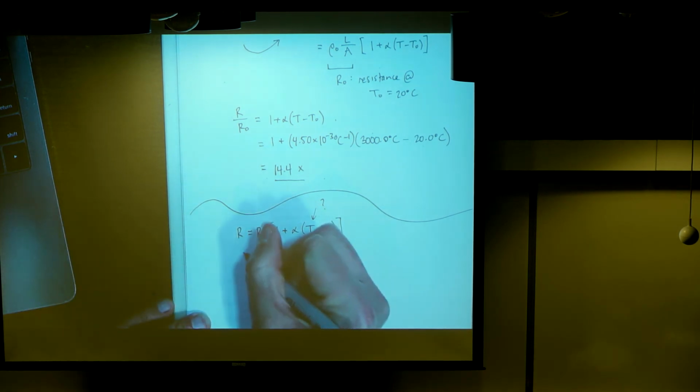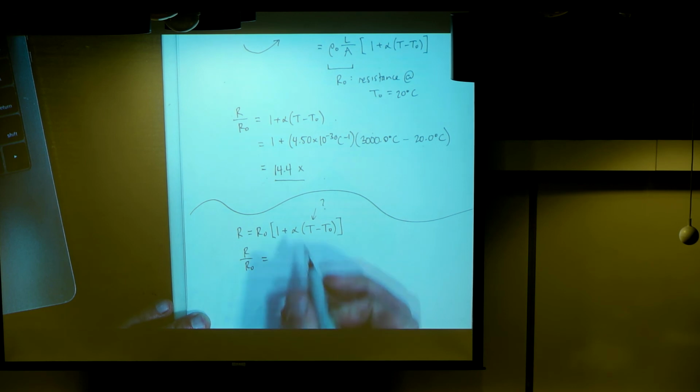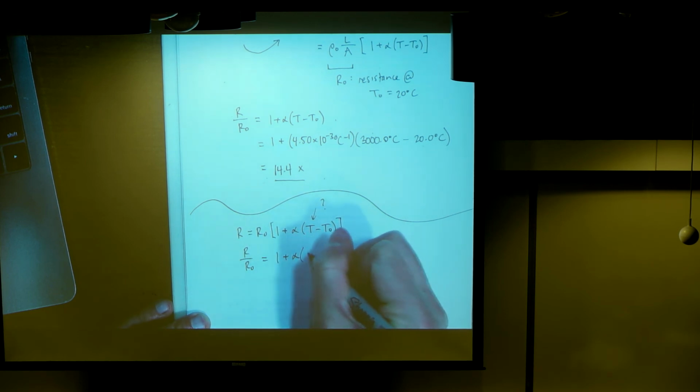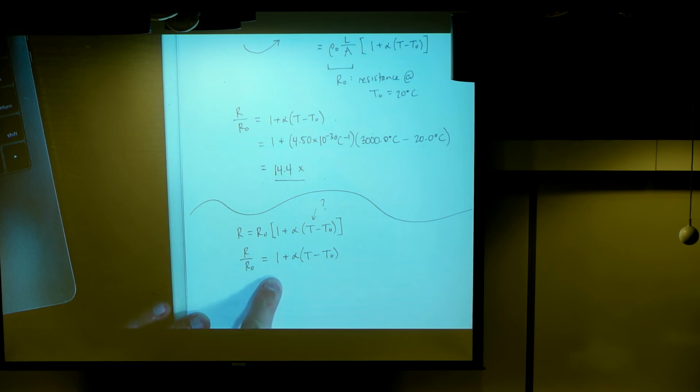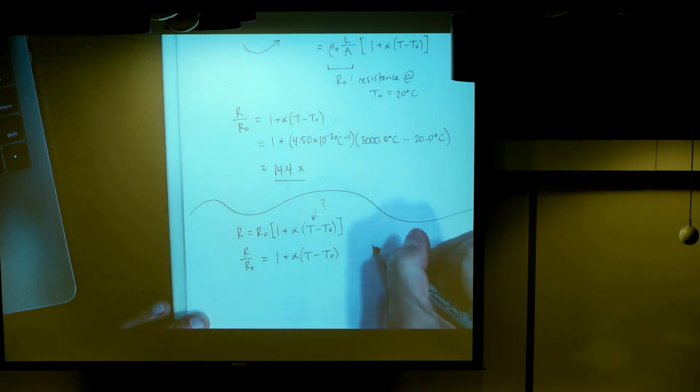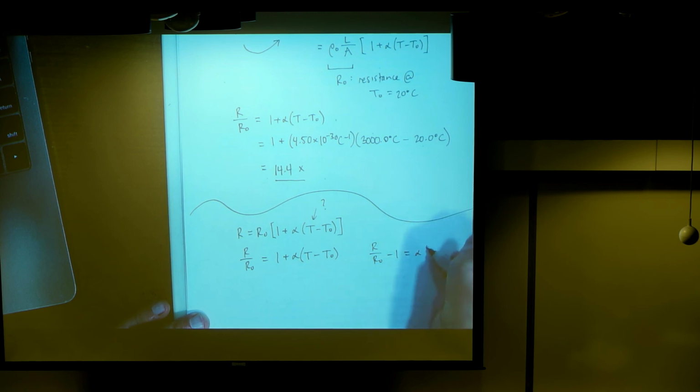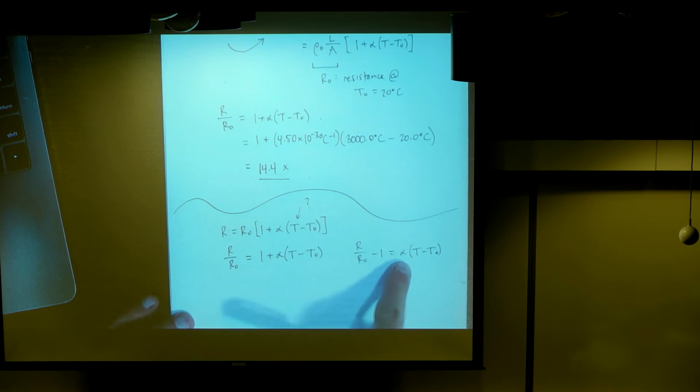First thing we can do is divide out the R naught. So R divided by R naught is 1 plus alpha (T minus T naught). Why don't we subtract this factor of 1? So we'll have R divided by R naught minus 1 equals alpha (T minus T naught). Next, let's divide out that factor of alpha.